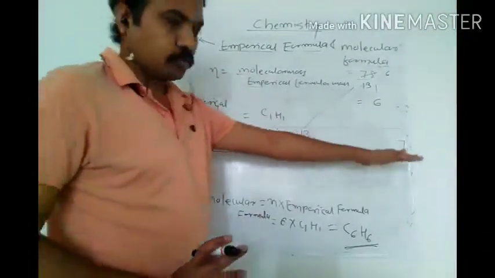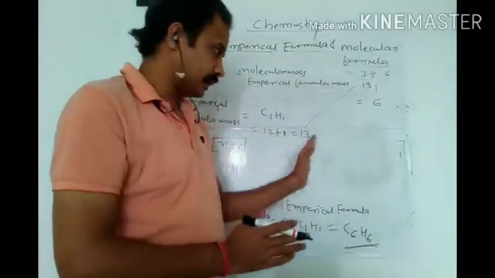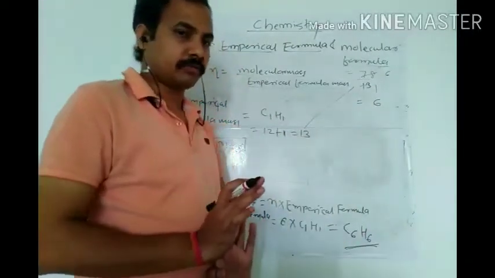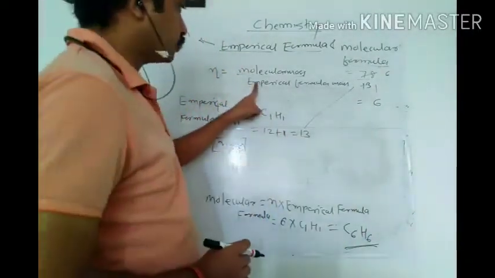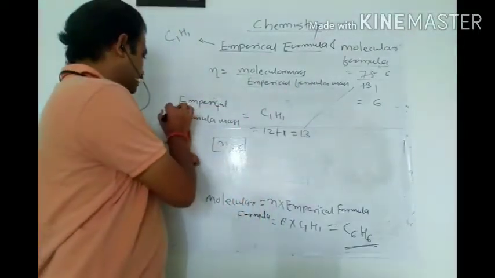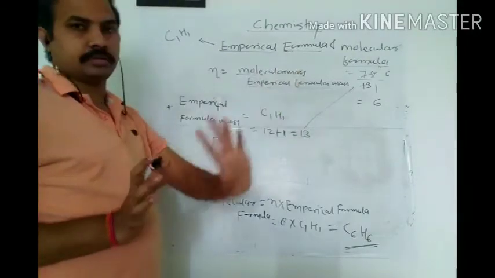Up to the empirical formula, you have to use the usual steps. Just draw one table and formulate the answer. You will get the empirical formula. Once you get it, the first important thing is to calculate the empirical formula mass. Once you get the empirical formula mass, the molecular mass is given in your problem.